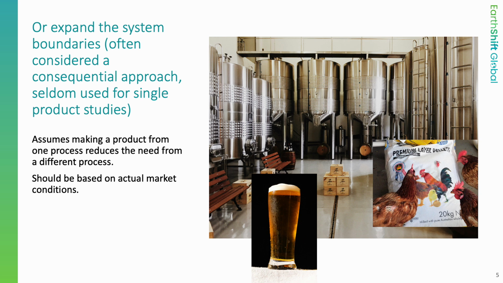This is often called a consequential approach. It assumes that making a product from one process reduces the need to make it from a different process. And if you use this approach, you want to make sure it's based on actual market conditions. And typically you don't want to use this approach for single product studies.